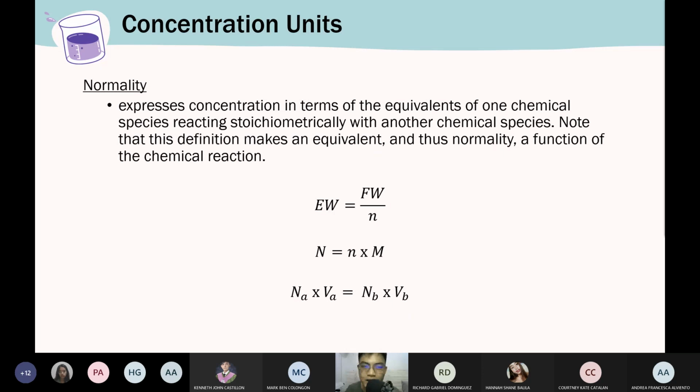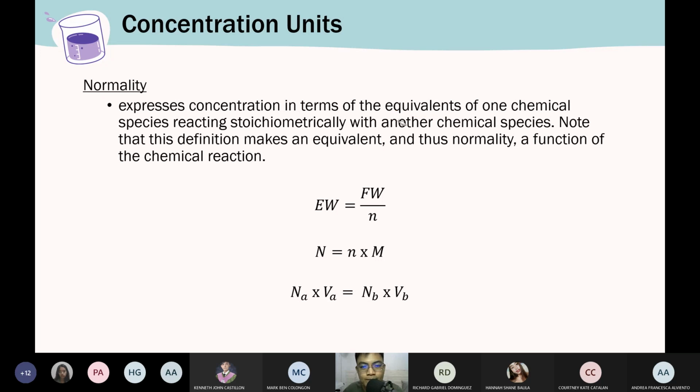Now, let's proceed with the next concentration unit, which is normality. Magkaiba to sa molarity, ha? Normality. Okay? So, normality is very similar with molarity. However, instead of just reporting it sa molarity, we report the unit in terms of the equivalence.